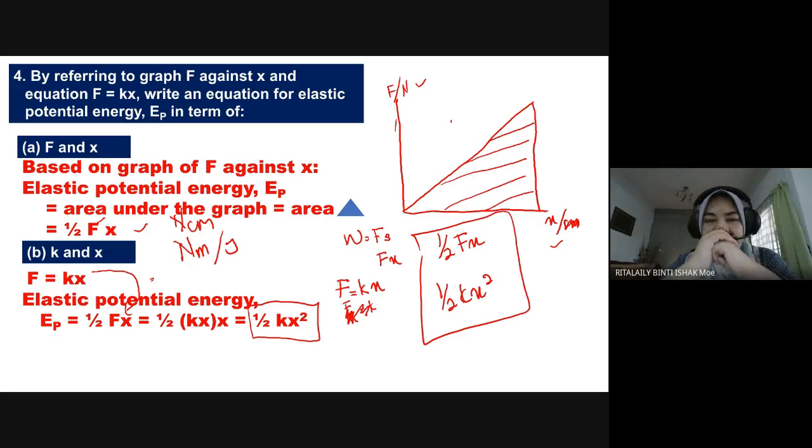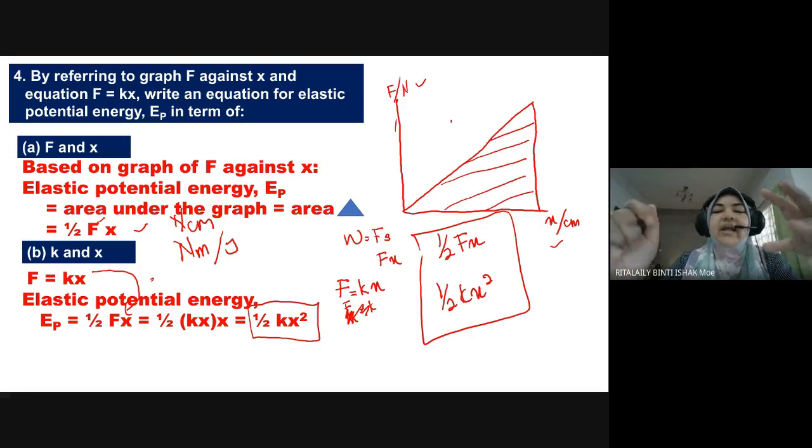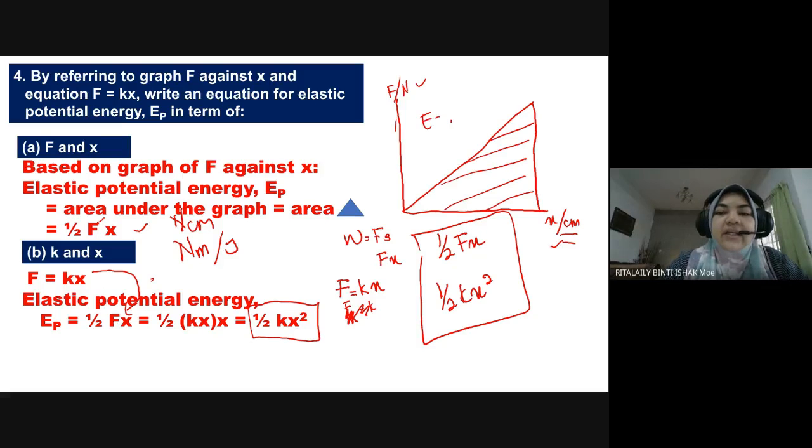So when do we use Joule, and when can we not use Joule? We cannot use Joule if the unit for the axis or the value that we calculate is not SI unit. For example, in this graph, the force is in Newton and the extension is in cm. So when we calculate the energy using half Fx, we get Newton cm, and we cannot replace Newton cm with Joule.